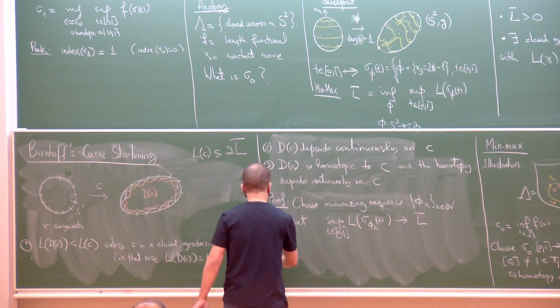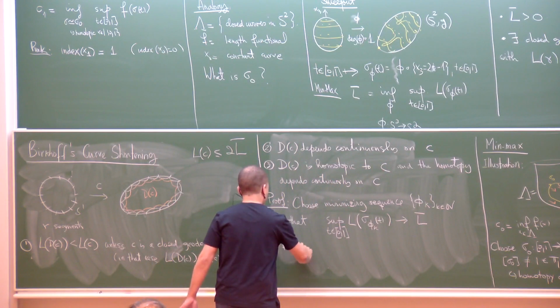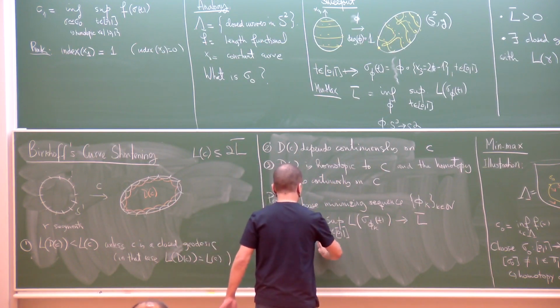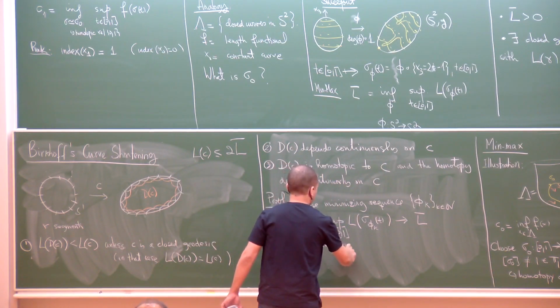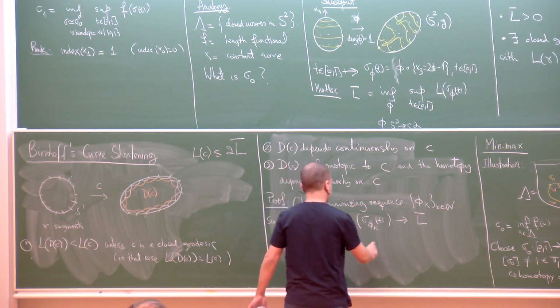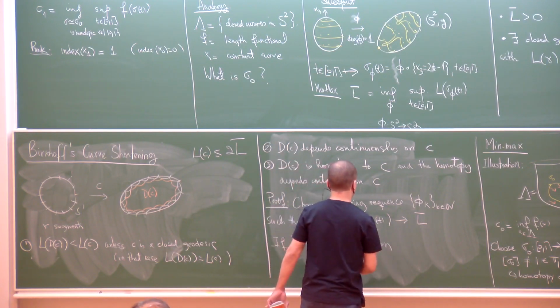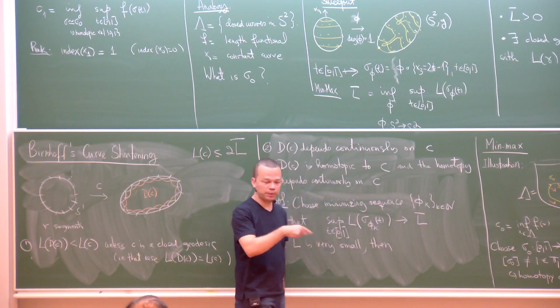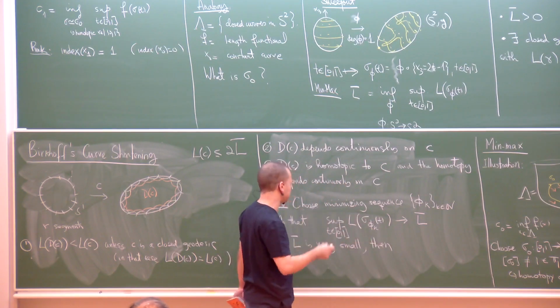And now, if L bar is very small, then every closed loop in the sweep out is going to have a very small length.